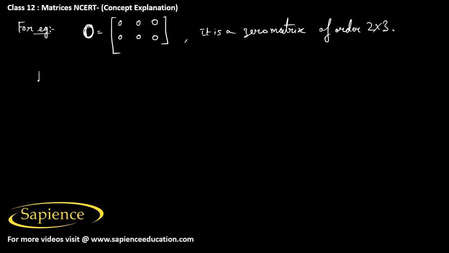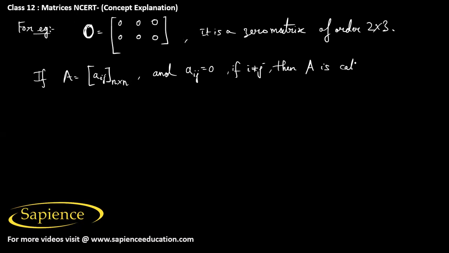If A equals Aij, n cross n, and Aij equals 0 if i is not equal to j, then the matrix A is called a diagonal matrix.